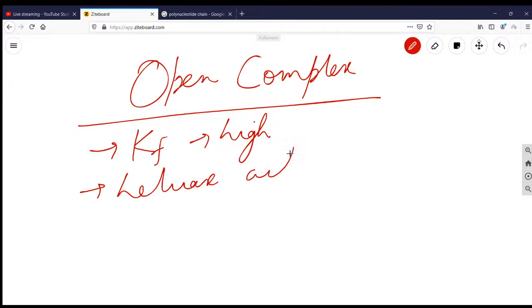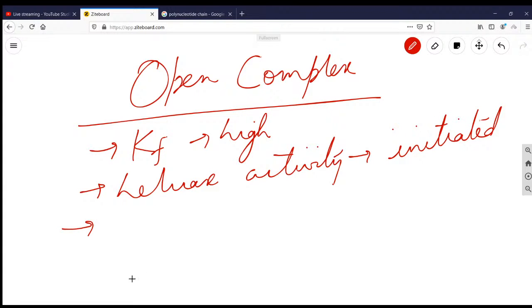Helicase activity will start or initiate. And then what will happen is it will start from denaturing the minus 10 promoter region, that is the TATAAT region. So if you analyze it, you will see that RNA polymerase will change its shape when it's going through the transition.